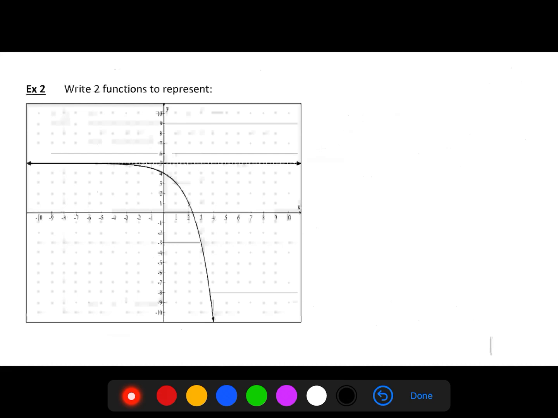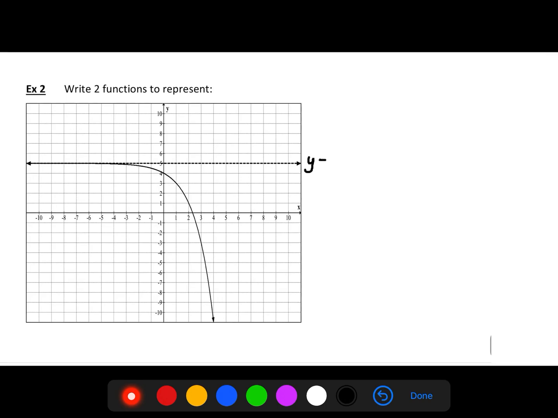Now, taking a look at graphically what this means. So example number 2, we want to write two functions from this graph. Well, we notice that we have an asymptote at y equals 5, which tells us that graph has been shifted up 5 units. So we know we're going to have a plus 5 at the end of the function.